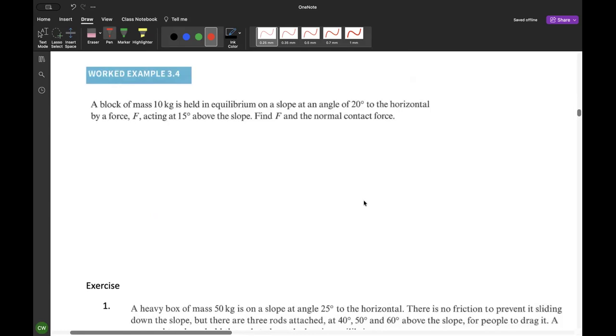Can draw the diagram. Try to draw it. 10 kg held in equilibrium by a slope, which means there's a slope at angle 20 to the horizontal. There is an object here. 10 kg, so 10g heading down.